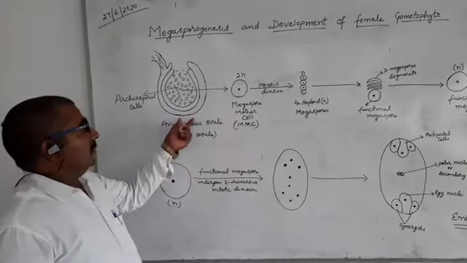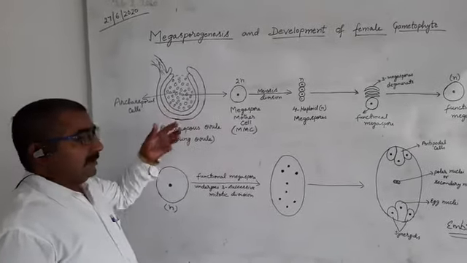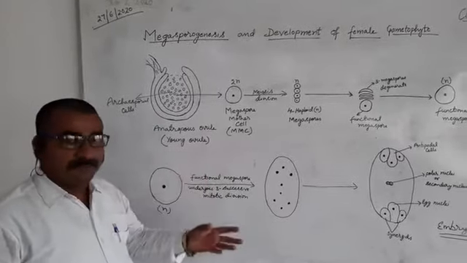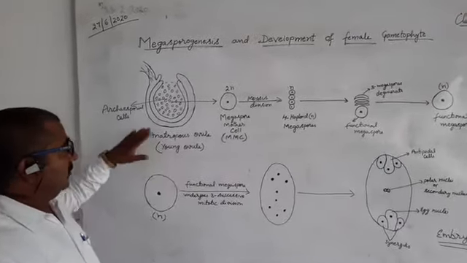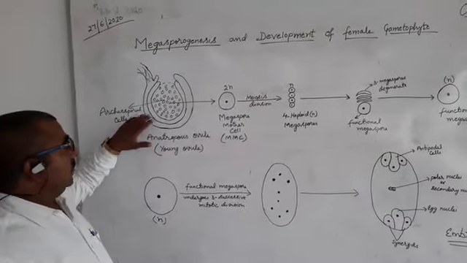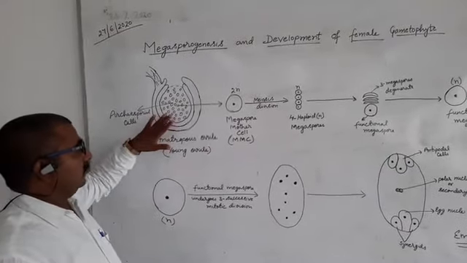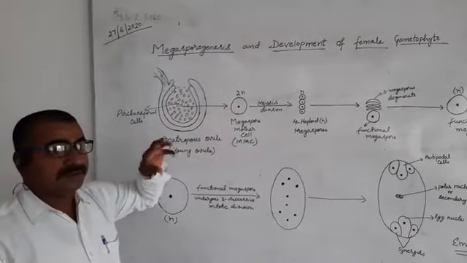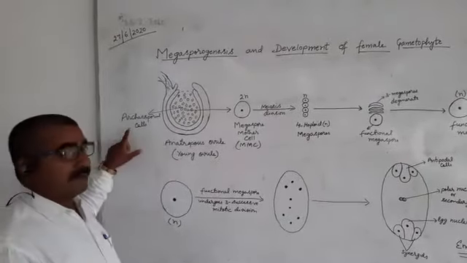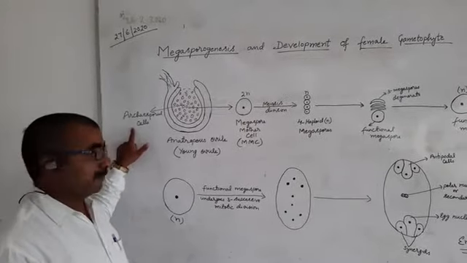Students, when an ovule is at a young, developing or immature stage, then the anatropous ovule, or any ovule, consists of a group of meristematic cells known as archisporial cells.